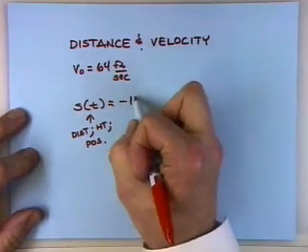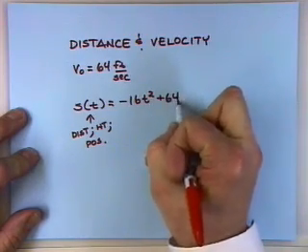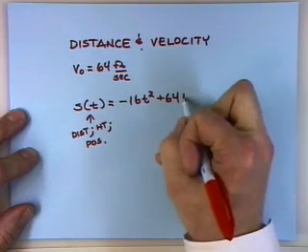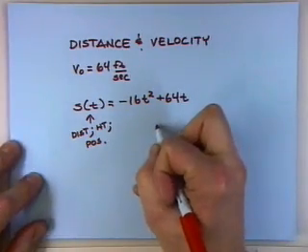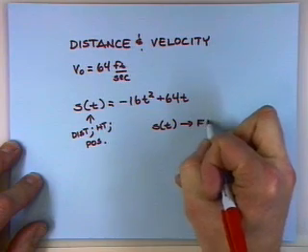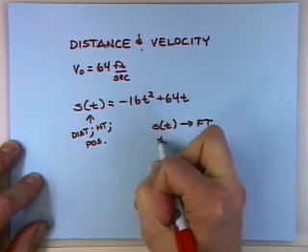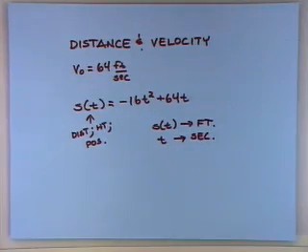Let's say for this problem with what I just described, the height of this object at any time t is described by this equation. So t is in seconds, s of t will be in feet, and t will be in seconds.